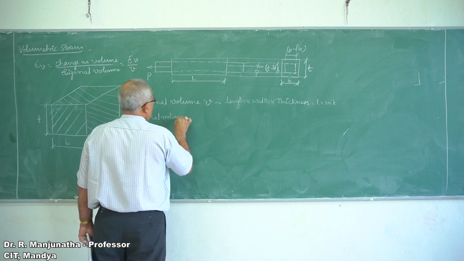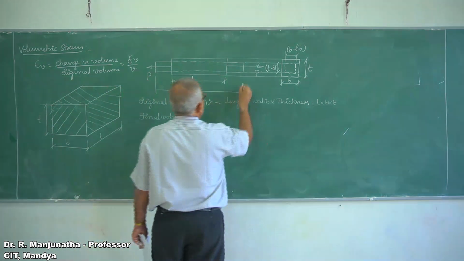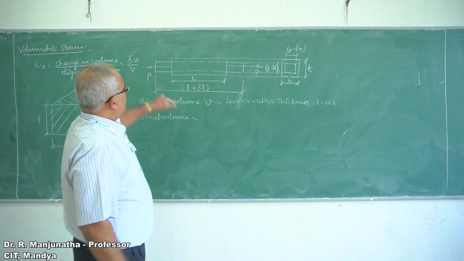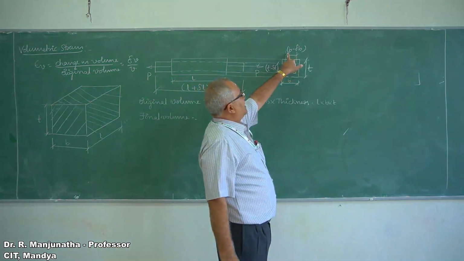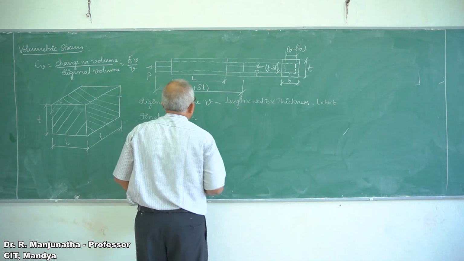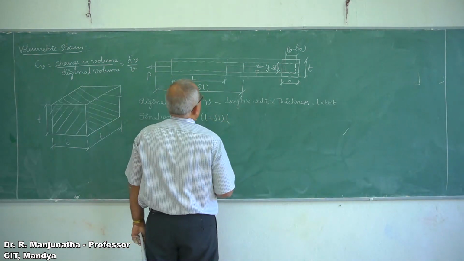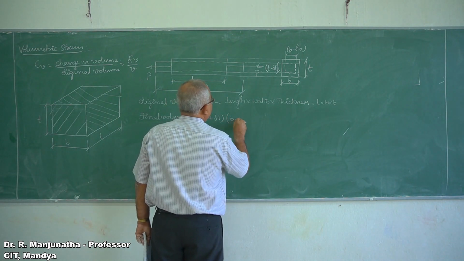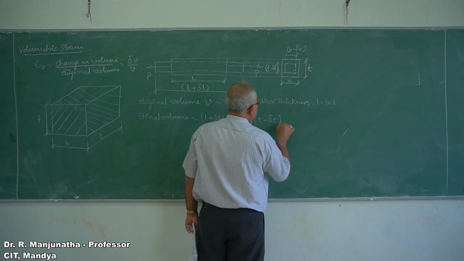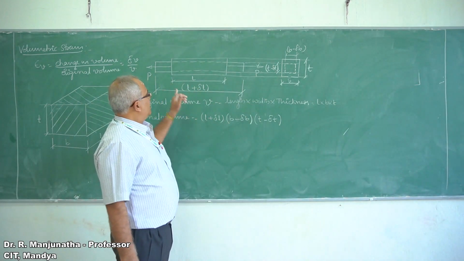When the member is applied with the tensile load, the length is increased to L plus delta L, and it reduces the cross section to a width of B minus delta B and also T minus delta T. So the final volume will be equal to L plus delta L, into width B minus delta B, into thickness T minus delta T. The minus sign is there because the cross sectional area is decreasing, and the plus is there because the length is increased.